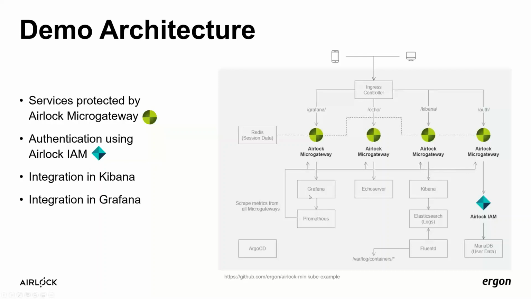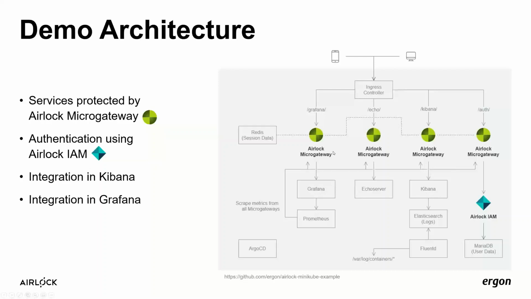We do have Grafana here. Grafana is a user interface to show the Prometheus metrics. All microgateways provide a few metrics which are collected by Prometheus and queried by Grafana.